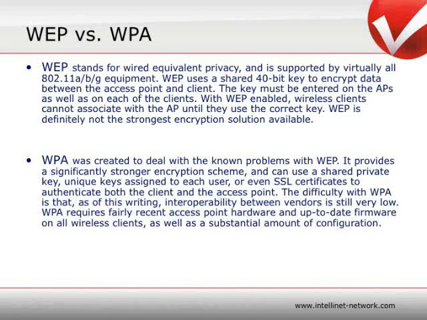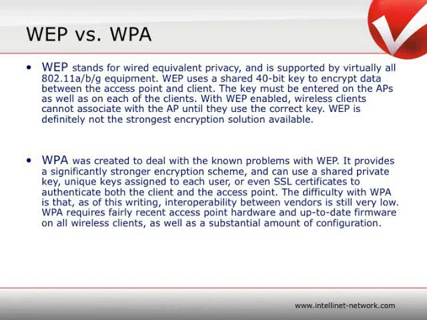Two common security settings when setting your wireless security are WEP and WPA. I will briefly discuss the advantages and disadvantages of WEP versus WPA. First, WEP stands for Wired Equivalent Privacy and is supported by virtually all 802.11a, b, and g equipment. WEP uses a shared 40-bit key to encrypt data between the access point and client.